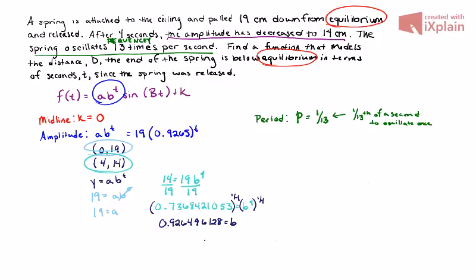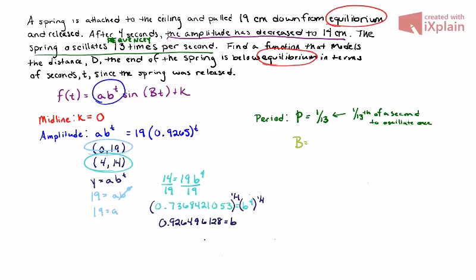Then this allows me to find out what my horizontal stretch or compression is going to be. Again, b is going to be 2 pi over the period, and that's going to give me 2 pi over 1/13. We can use a shortcut here, or what we could also do, I'll stick with the longer version.